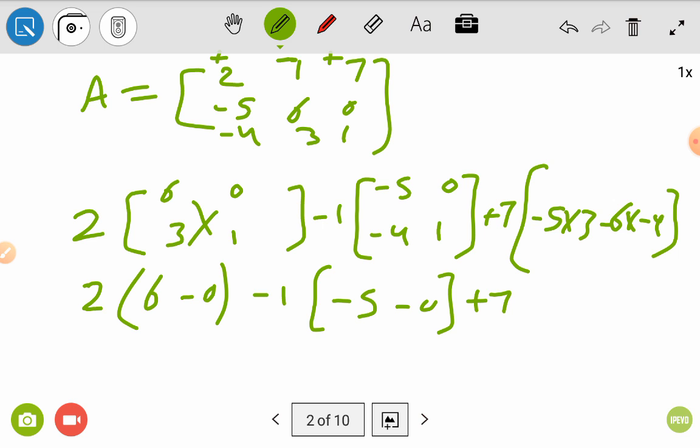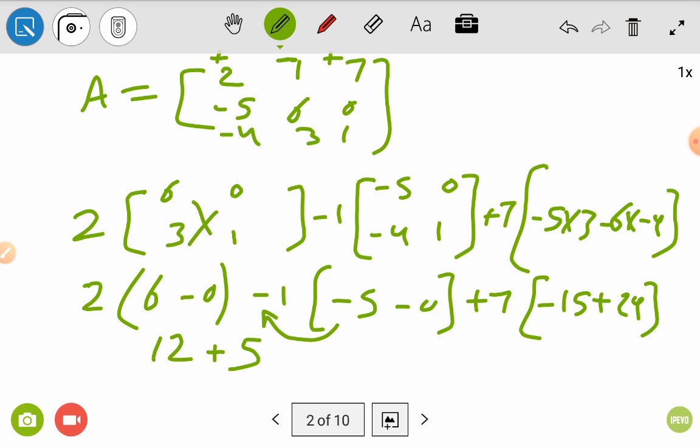And here plus 7 times negative 15 plus 24. Here 12. Here negative 5 multiplied by negative 1, the answer will be plus 5.